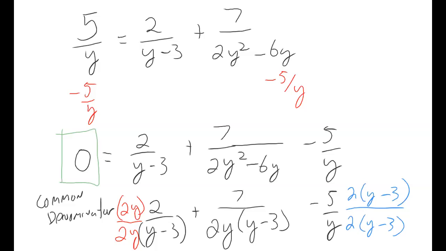So 2y times 2 is 4y, so this becomes a 4y. And then negative 5 times 2 becomes a negative 10. So I'm going to rewrite it that way on the next page, so we can see that. So I have 4y plus 7 minus 10 over 2y times y minus 3.